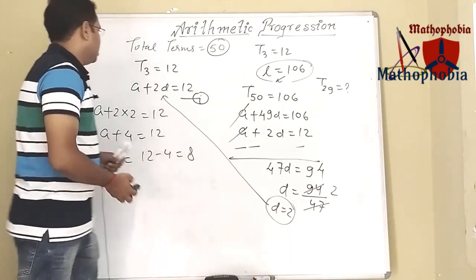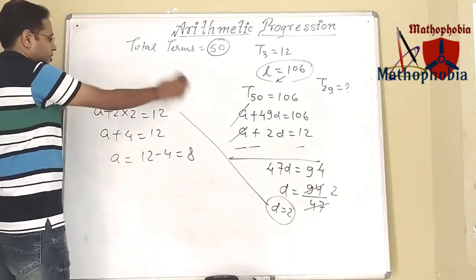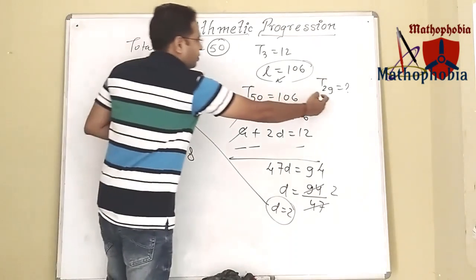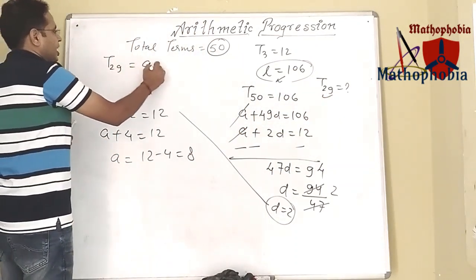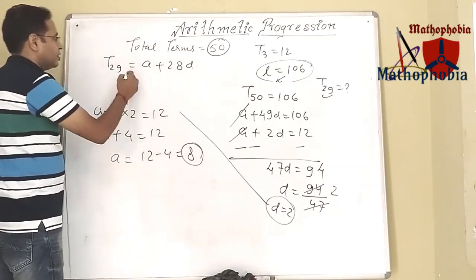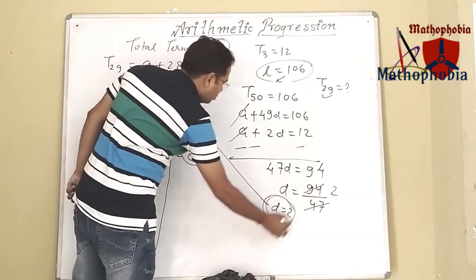So we'll put the value of A and D to get the value of T29. Now what is the formula to find out the 29th term? है ना? यही find करना था 29th term. So T29 equals to A plus 28D. The value of A is 8. रख दो भाई. 28 and the value of D is 2.